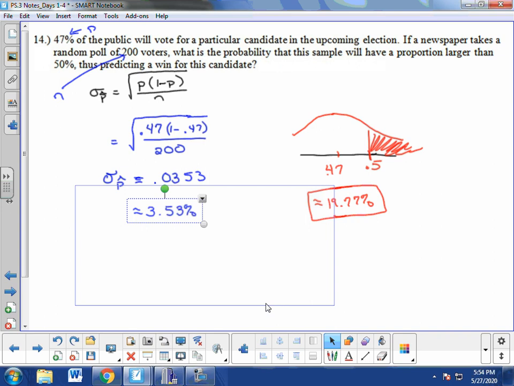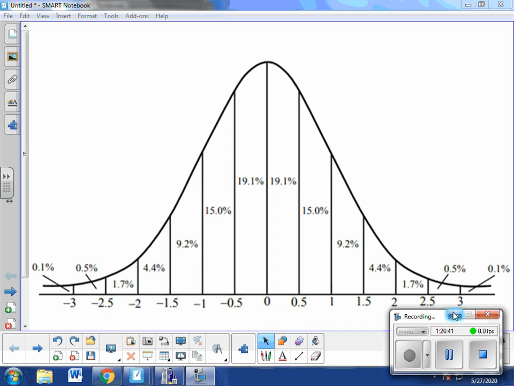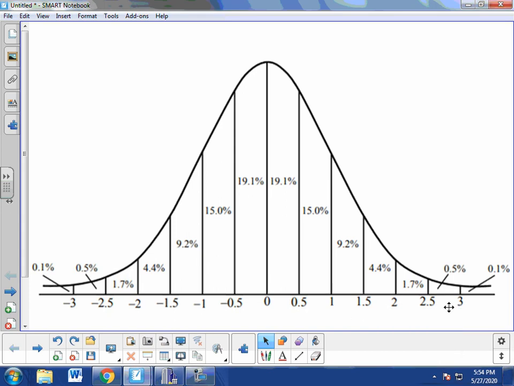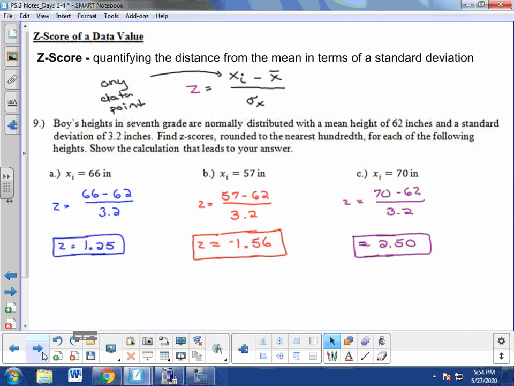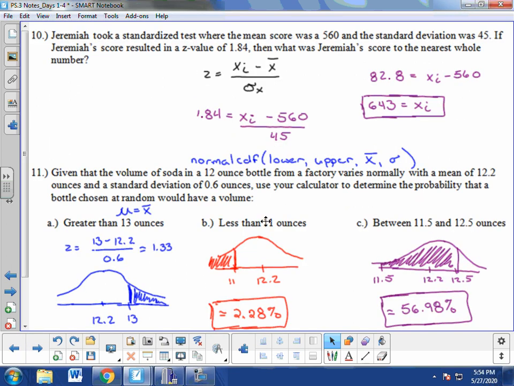The focus of this is being able to understand the normal distribution curve and being able to apply information based on this curve, whether you have the curve and exact standard deviations from the means to the nearest half standard deviation, or whether we have examples where they are part of a standard deviation from the mean. We have a z-score that is a fraction or a decimal or an irrational number, still being able to find percentages of populations that meet certain conditions.